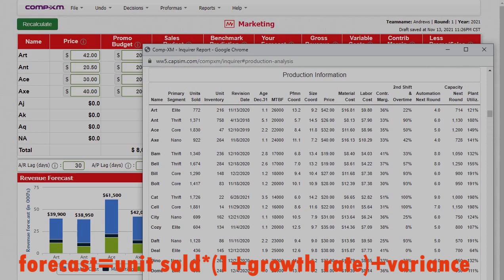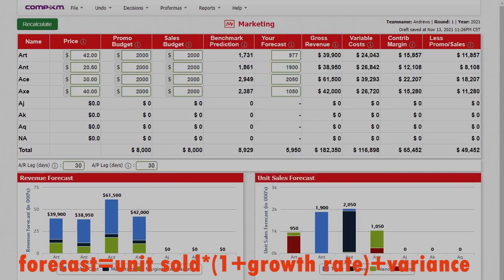But we are also spending more on our sales and promotion compared to our competitors, so there's a likely chance we'll sell more than this one. So you can have here 1130.